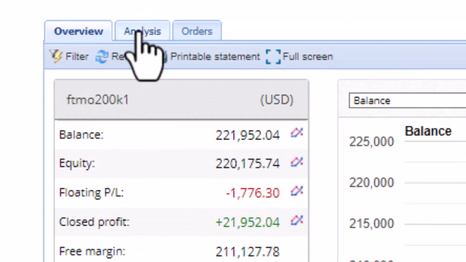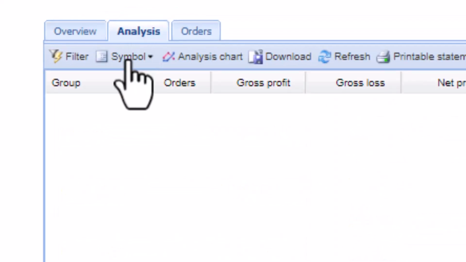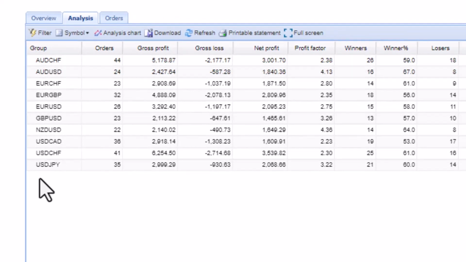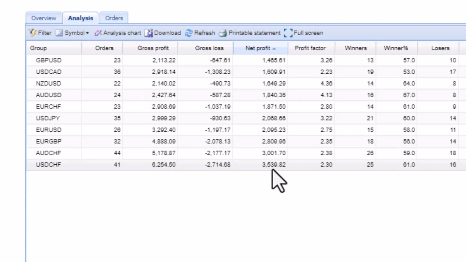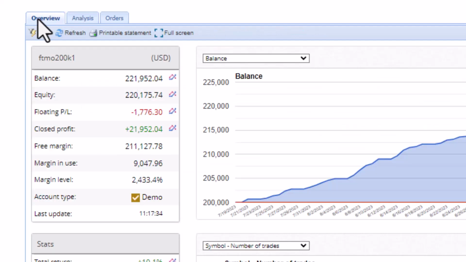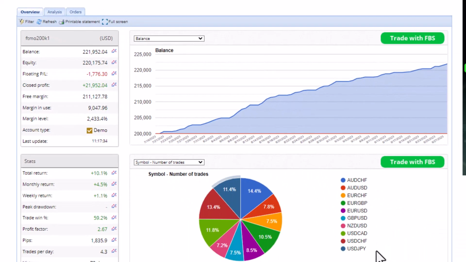If you want to have an analysis of those currencies, you click on analysis, and there you can see which ones are the most profitable at the bottom there, and which ones produce less profit, which ones are the most successful from a success rate point of view, and so on. So we found it easy to determine which currencies were traded.